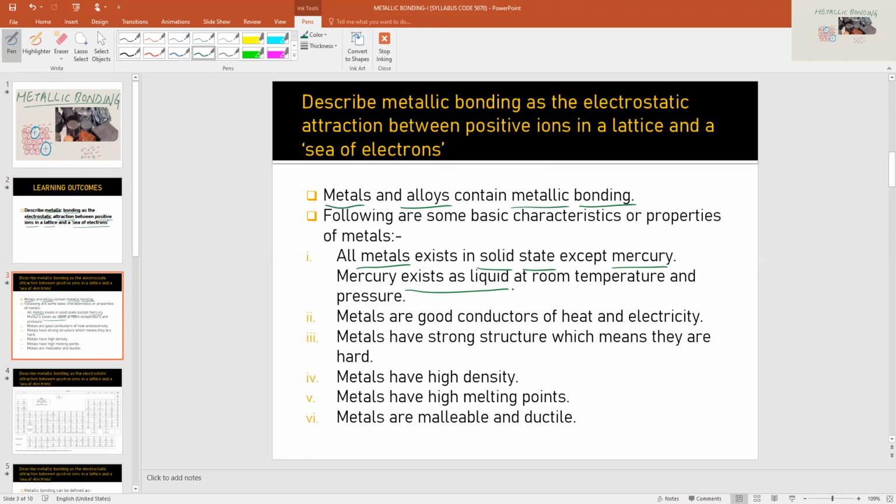Mercury definitely has a melting point lower than room temperature.